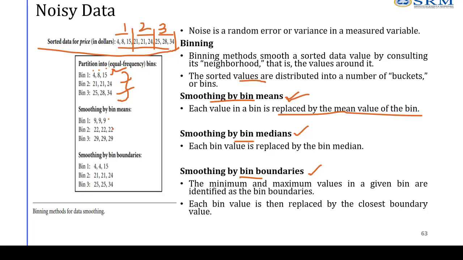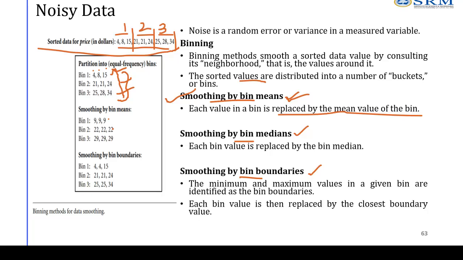This is how the outliers or the noise are smoothed using smoothing by bin means. The first step is partitioning into equal frequency bins, where the whole sorted data is divided into bins having an equal number of values, and then it is smoothed using the bin means.